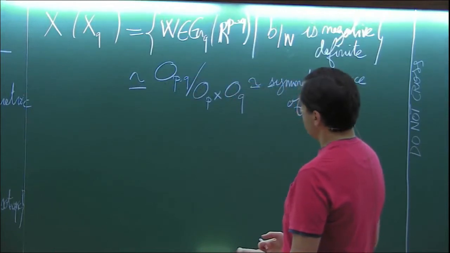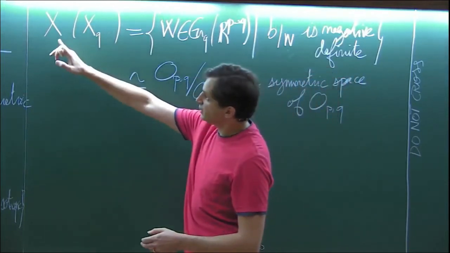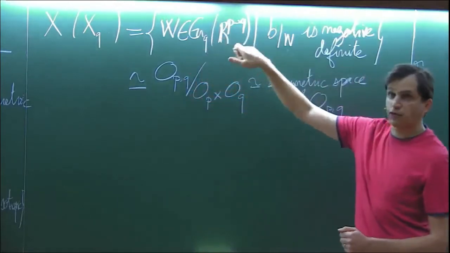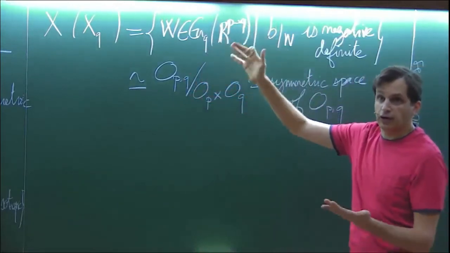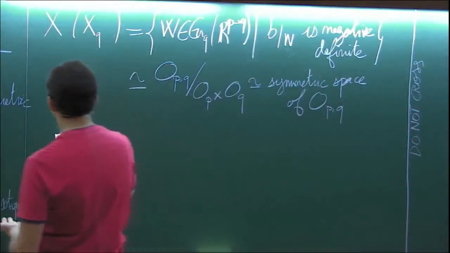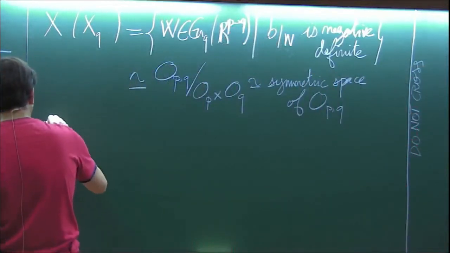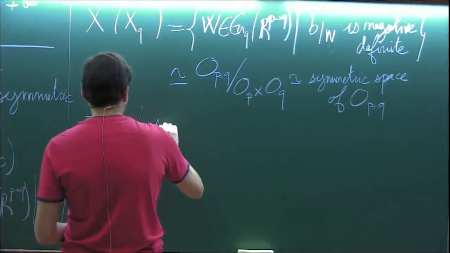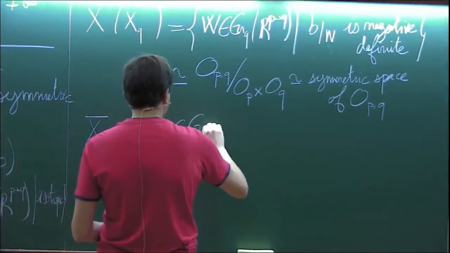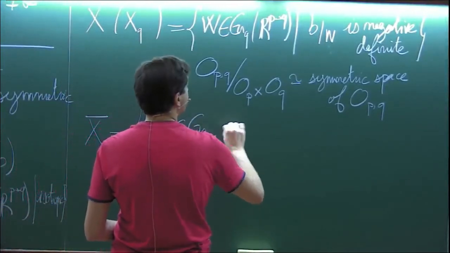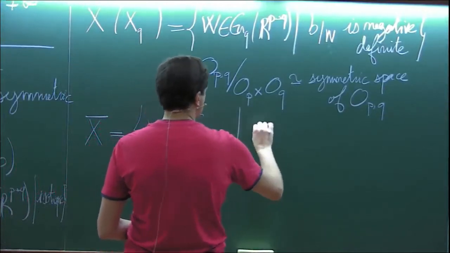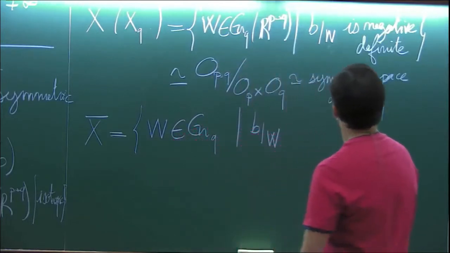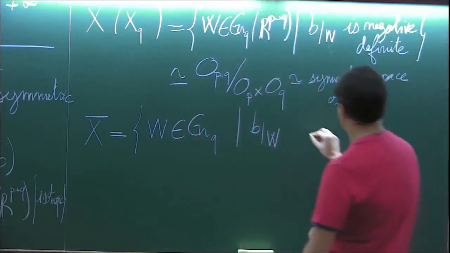Good. But since I see this space as a subspace of a compact manifold, I get for free a compactification of this symmetric space, which is the set of W in the Grassmannian such that the restriction of B to W is non-positive.